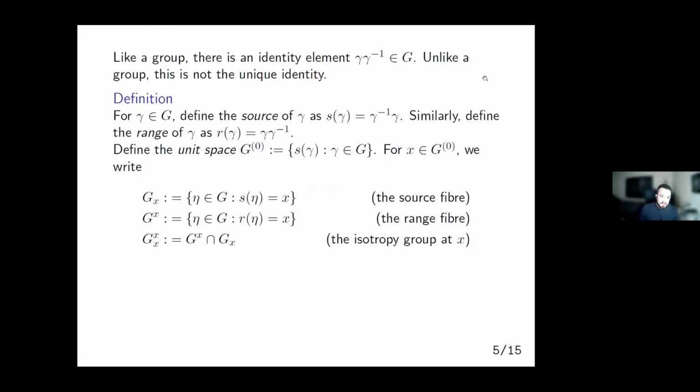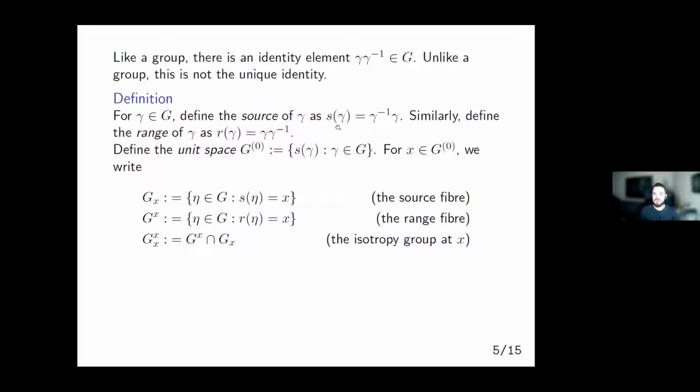And there are a couple of distinguished subsets of the groupoid that we are interested in, or that are useful to have notation for. So firstly, for any element of the groupoid, which we sometimes call an arrow, you can define the source of this gamma as its inverse multiplied by it. So this is kind of like where gamma starts, if you like. And then you can define the range of this as gamma times its inverse.